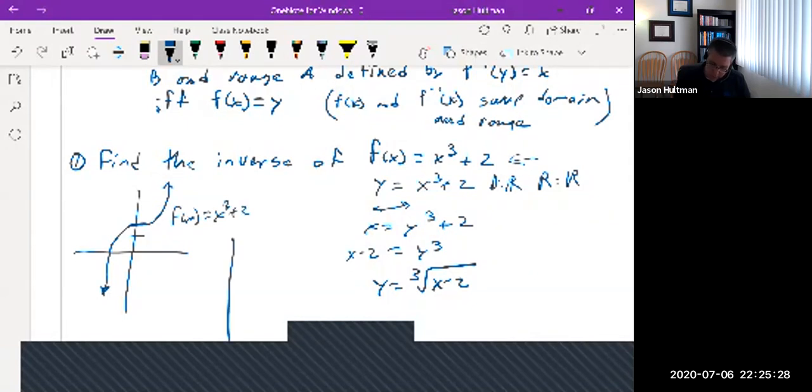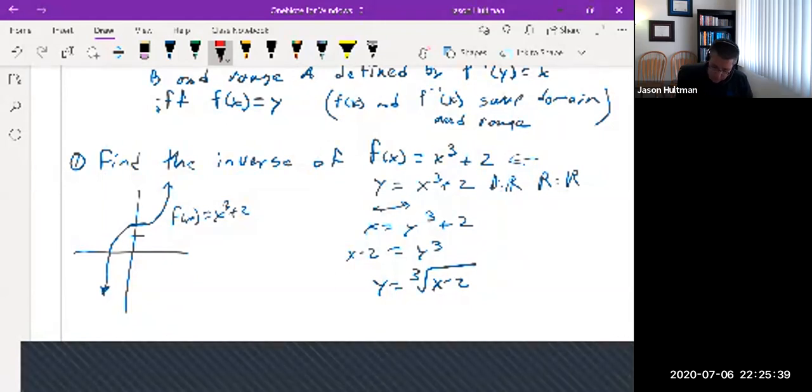And then let's look at the inverse function. Maybe I'll put the inverse function on the same grid. What's the inverse function going to look like? Well, the inverse function is going to be up 2, and it's going to look like this. It's going to be symmetric along the line y equals x.